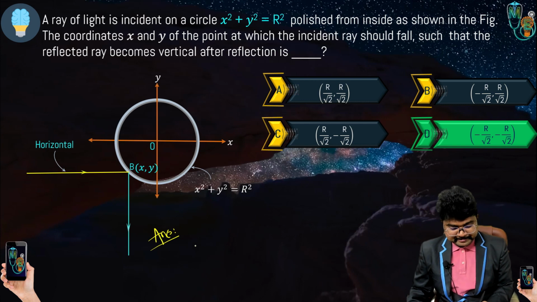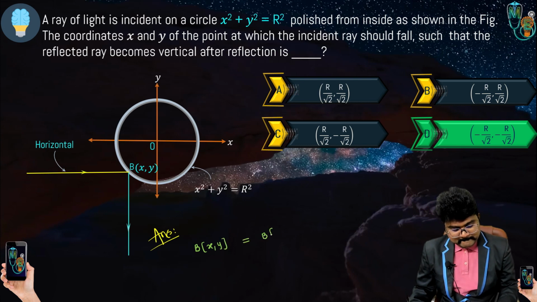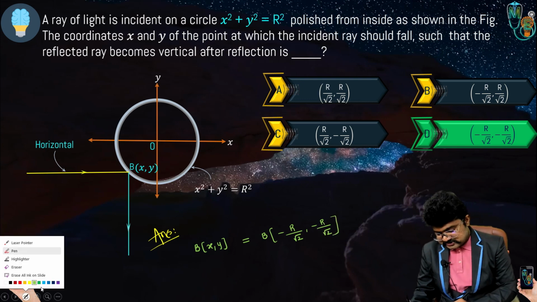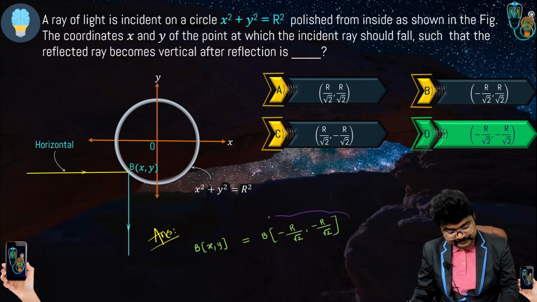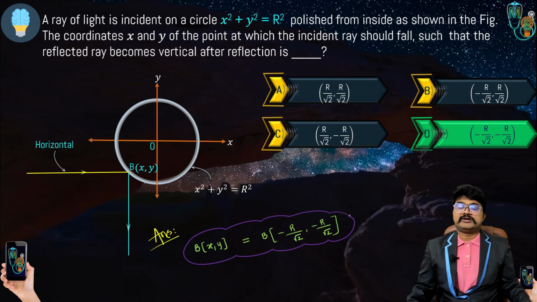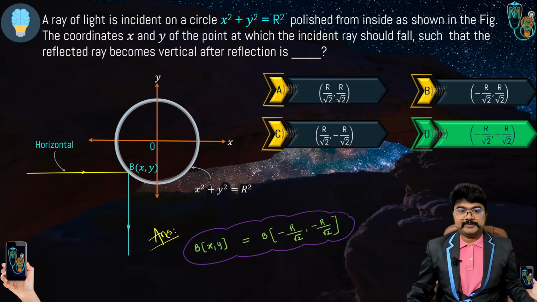B x comma y equals minus r by root 2 comma minus r by root 2. So it is very simple to solve the problem. We applied the law of reflection and basic level geometry. This is the way to solve this problem.